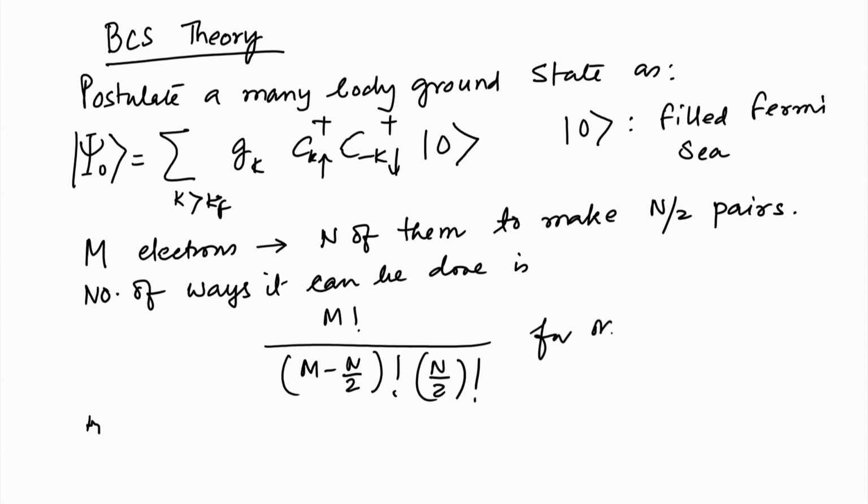For m equal to 10 to the power 23, this combination is equal to 10 to the power 10 to the power 20. So, in principle we have to solve for these many g k's in order to be able to write down a proper many body state, and which is an impossible task.